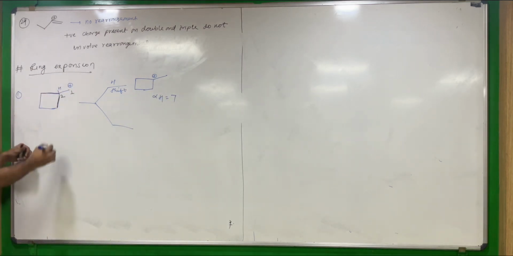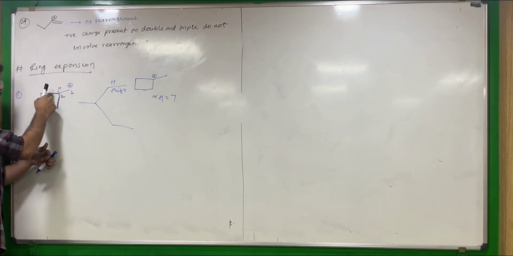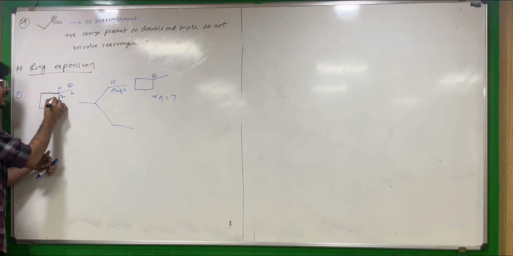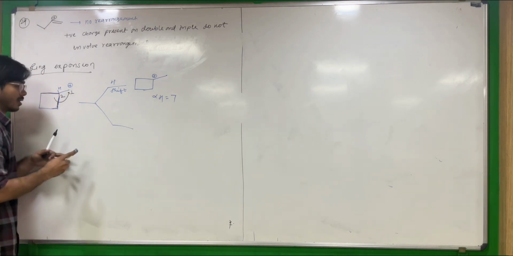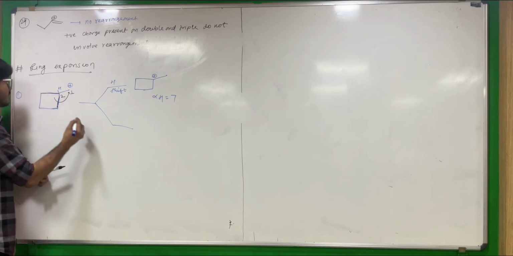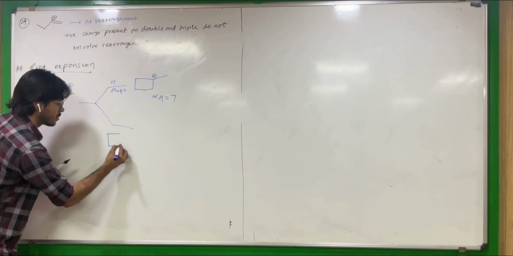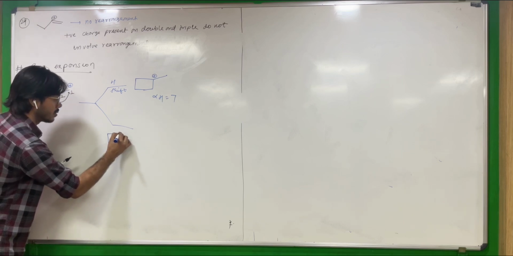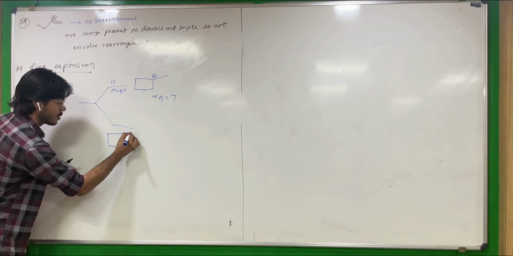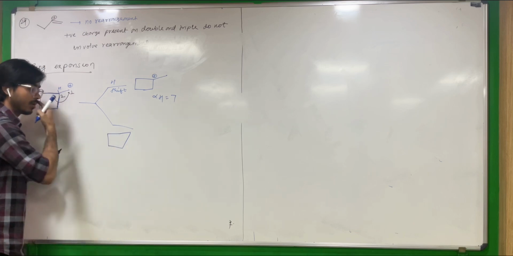Now, we can also do it differently: from any one of these two bonds, we can shift this bond to here. The transition state will be like this, and the positive charge will come here.